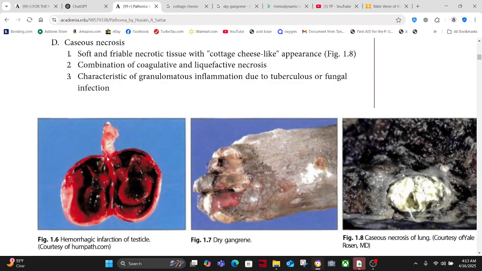So the red infarction arises if blood re-enters a loosely organized tissue like the testicle.